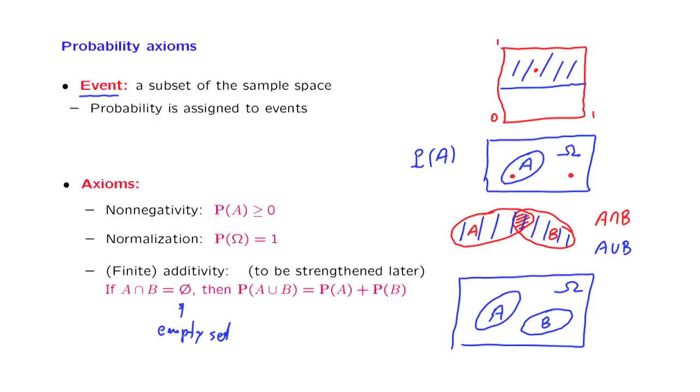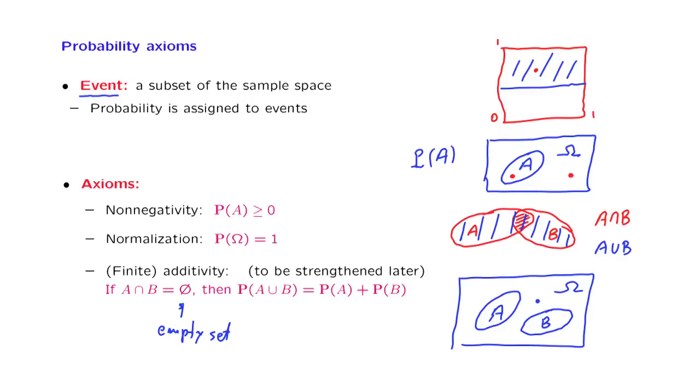So if the intersection of two sets is empty, then the probability that the outcome of the experiment falls in the union of A and B, that is, the probability that the outcome is here or there, is equal to the sum of the probabilities of these two sets. This is called the additivity axiom. So it says that we can add probabilities of different sets when those two sets are disjoint.